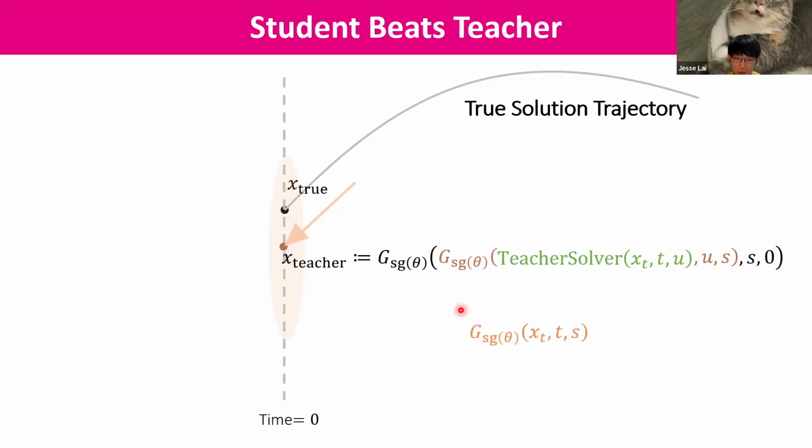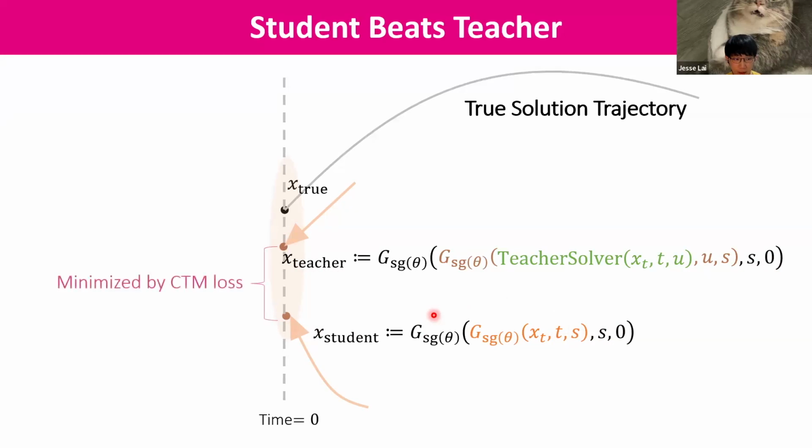On the other hand, for the student model, we start from a random xt, push it to s, and then from s directly to 0 to obtain this. All right. The CTM loss, as I mentioned, tries to match the teacher and the student in this gap.